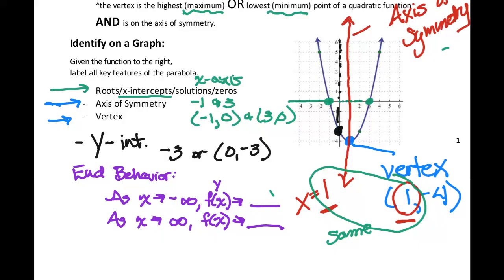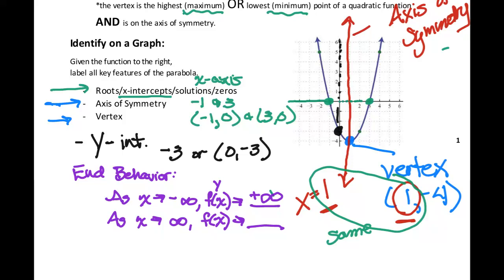As x approaches -infinity, so as my x values get smaller and smaller going in this direction, what is happening to my graph? It is going up. So it is going to positive infinity. And as my x values get more and more positive to the right, what's happening to the graph?